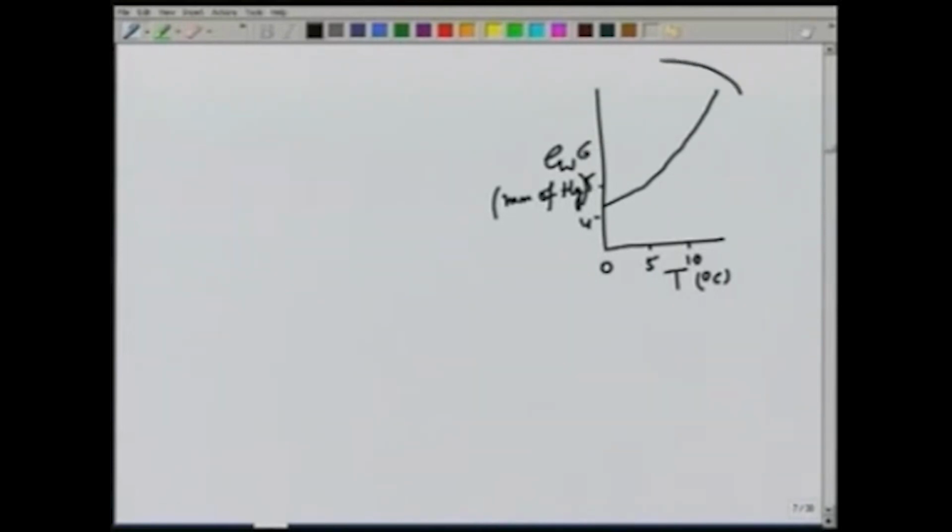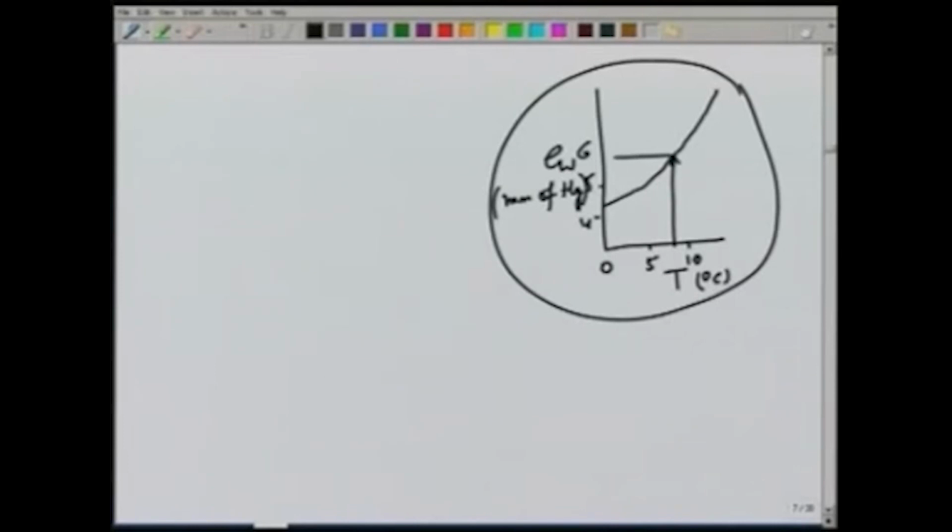So once this graph is available to us, knowing the water temperature, we can obtain the value of EW. And EA would be relative humidity times saturated vapor pressure.